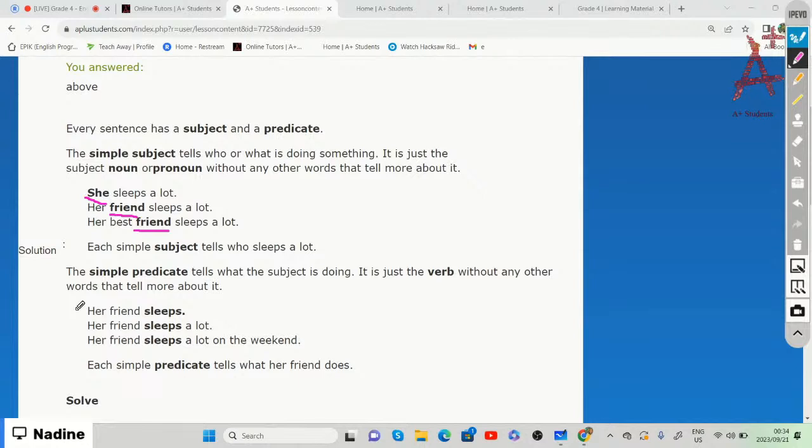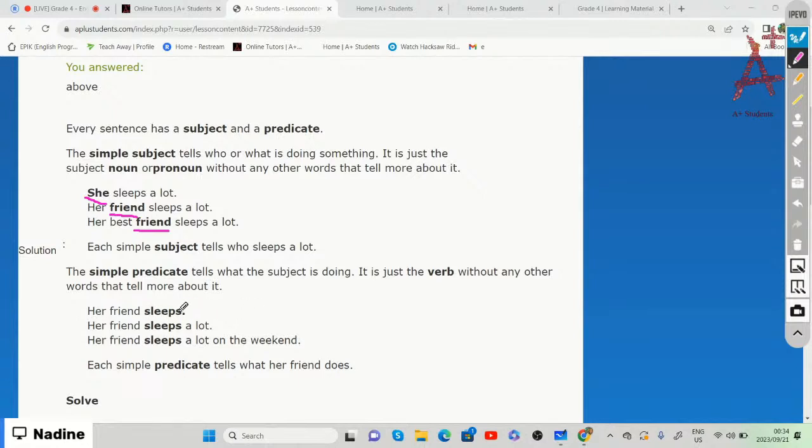Remember, we said that a complete predicate is the verb and all the other words that give us information about the subject. But with a simple predicate, it is only the verb. For example, her friend sleeps.